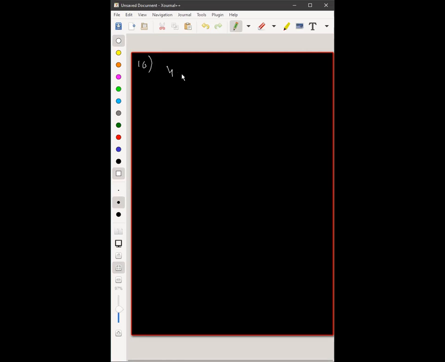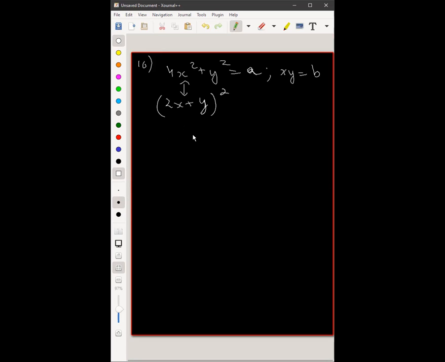4x square plus y square is equal to a, and xy is equal to b. Find 2x plus y. So again, what is the relationship between these two? This is basically the square of this, right? Let's try to square this.